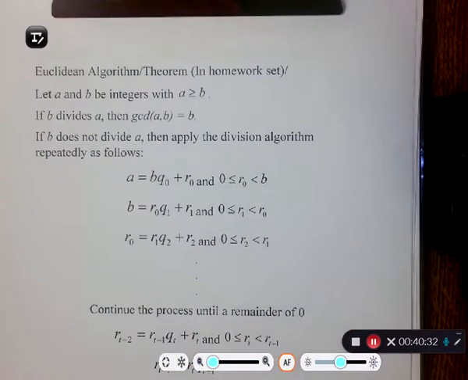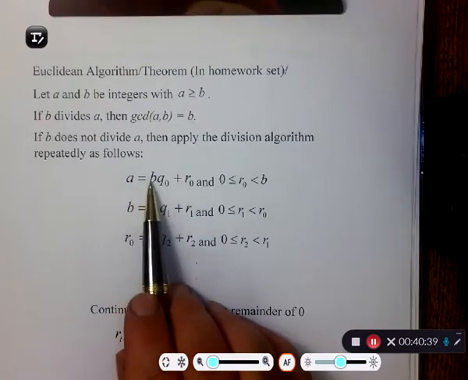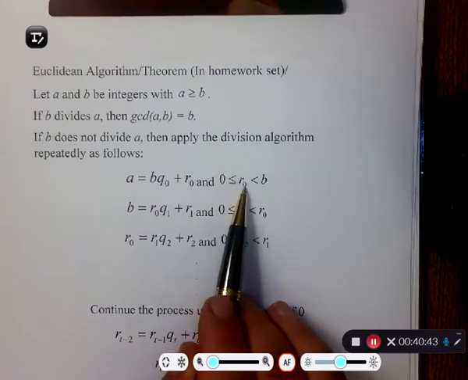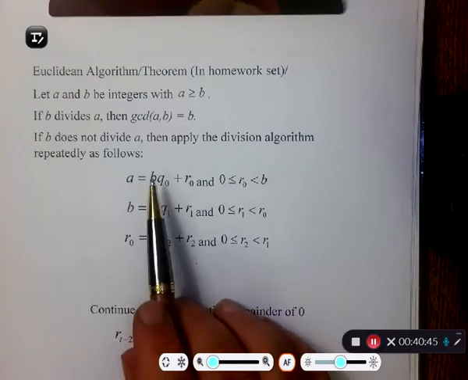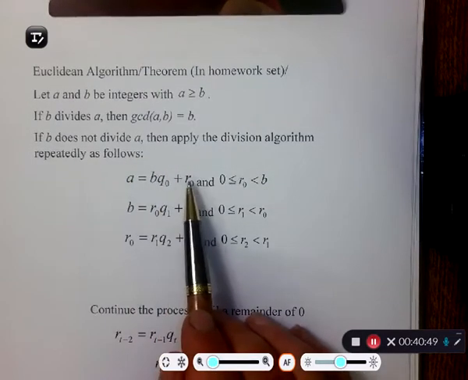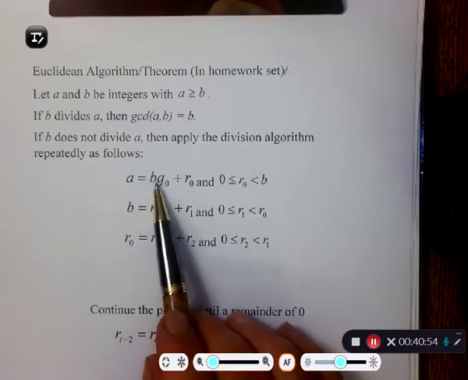Remember, with the division algorithm you can divide and get a remainder. So a equals b times q naught plus r naught, where 0 is less than or equal to r naught, which is less than b. We divide b into a, and you get a quotient plus a remainder, and your remainder is going to be less than your divisor.